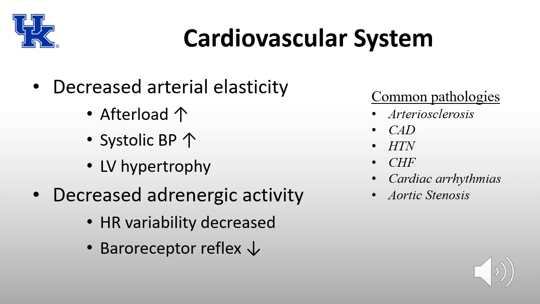Also keep in mind that valvular disease, specifically aortic stenosis, is more commonly seen in elderly patients. So any kind of systolic murmur should warrant screening for valvular calcification and, more specifically, rule out aortic stenosis.